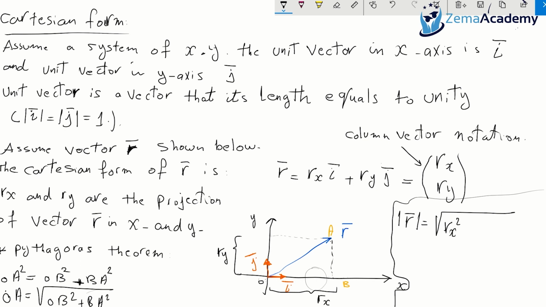And BA, the length of BA is Ry square. So that is a formula to calculate the modulus, the length, the magnitude of a vector. Okay? Any questions?